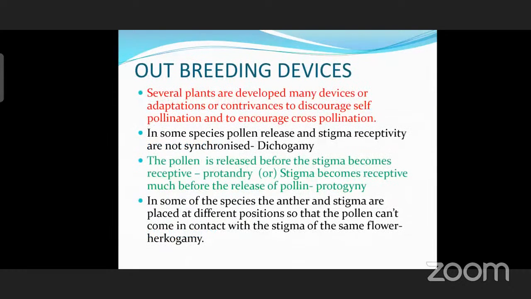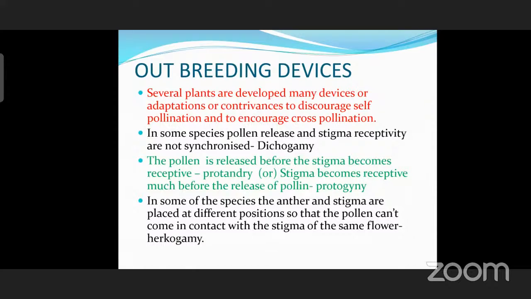Next topic, outbreeding devices. In the majority of flowering plants that produce hermaphrodite flowers, pollen grains are likely to come in contact with the stigma of the same flower.